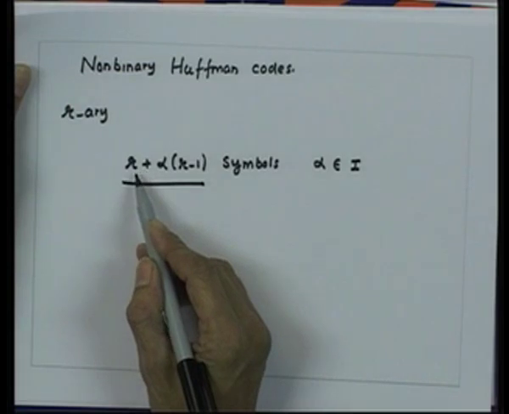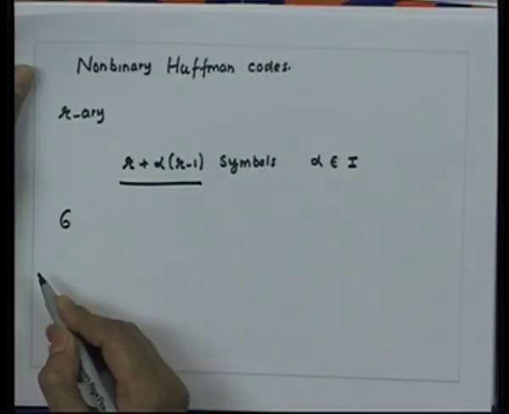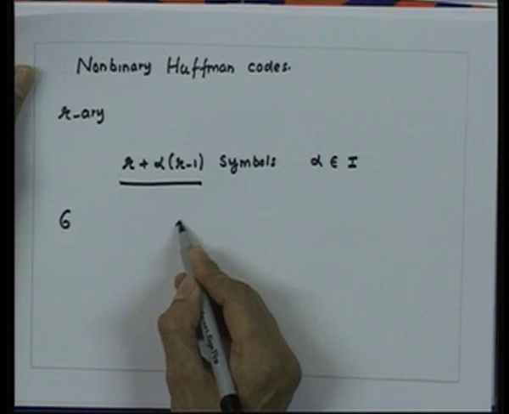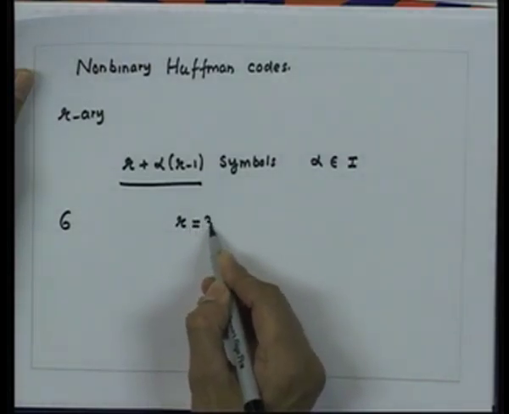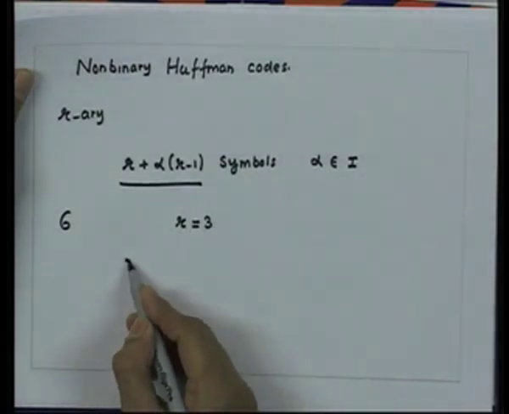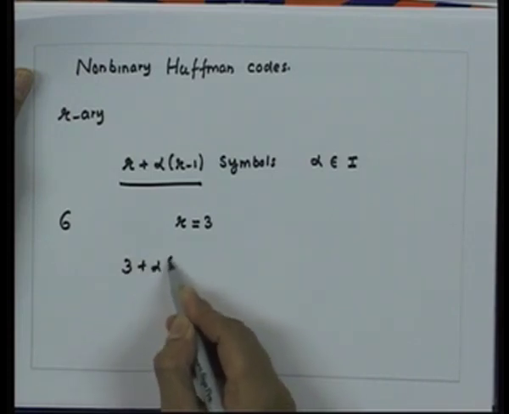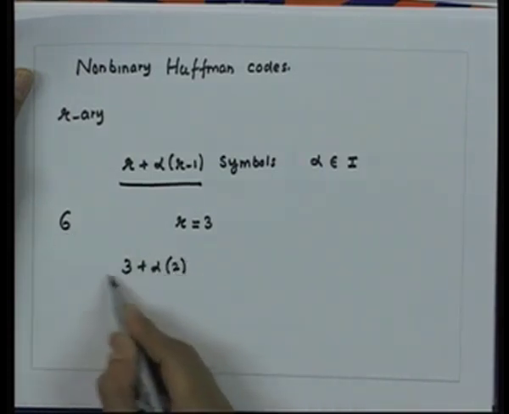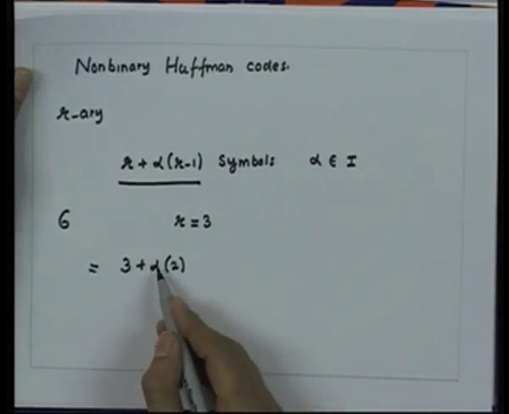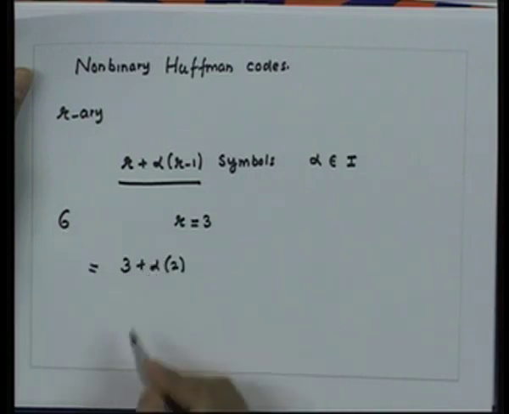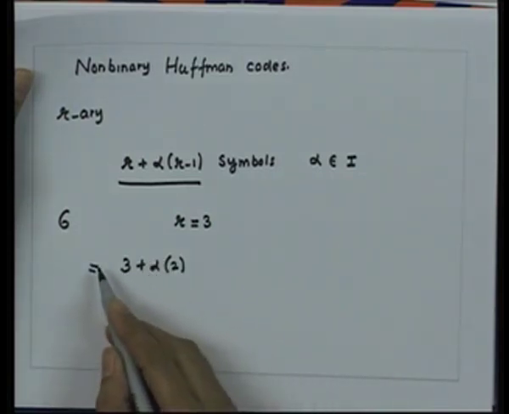Now let us take an example where I have 6 source symbols to start with, and I want to do the coding using a code alphabet of size R equal to 3. If you look at this expression, 3 plus alpha times 2, 6 is not of this form. So to make it of this form, I should add some dummy symbols.